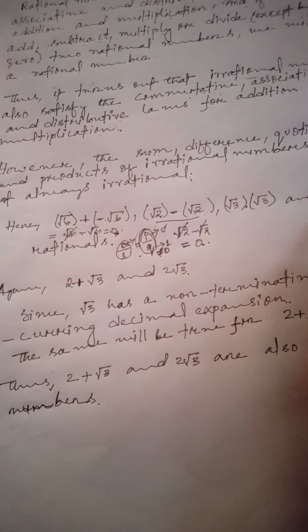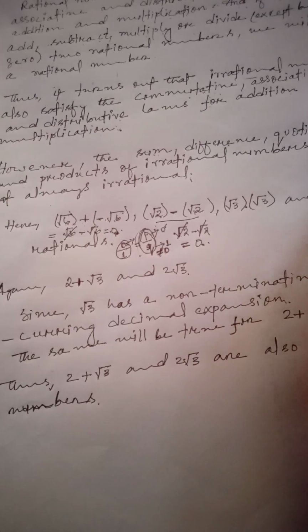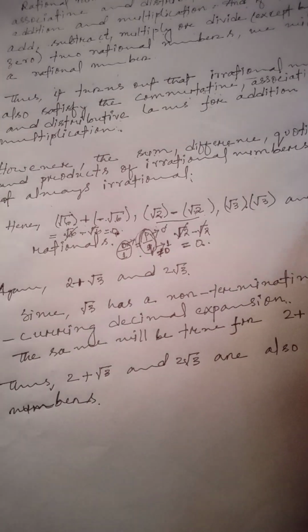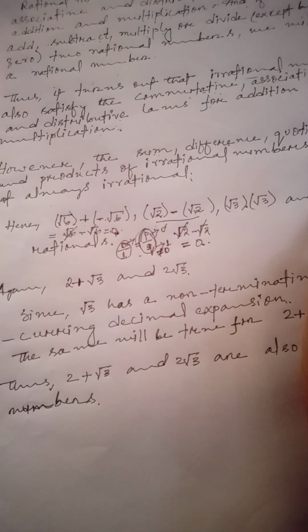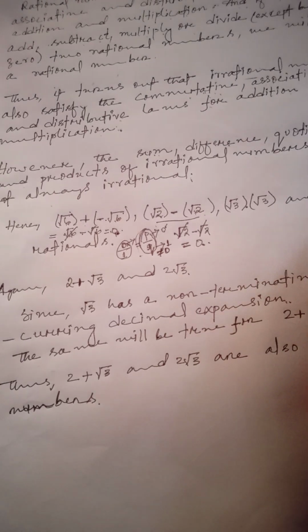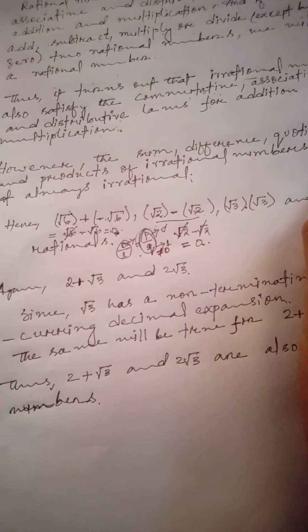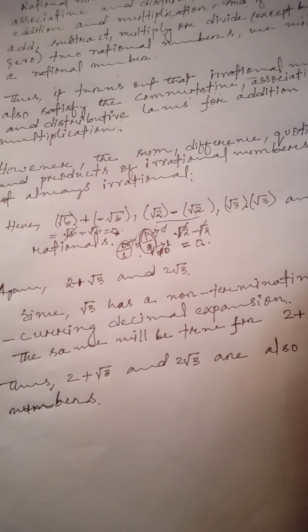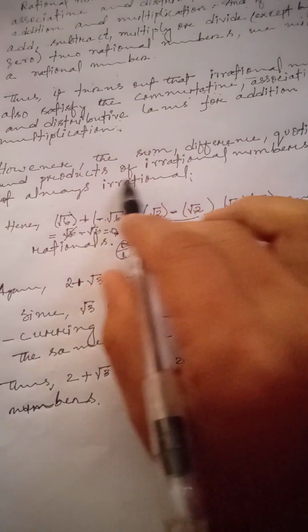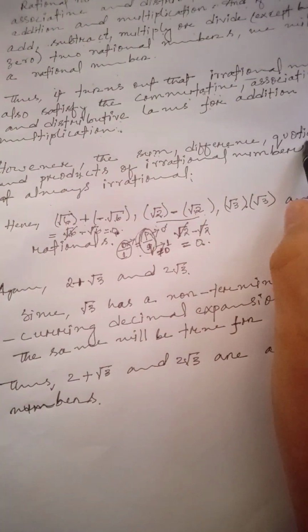Thus we can conclude that dividing one irrational number by some other irrational number, or dividing this root 17, that is an irrational number, by this one, which is also an irrational number, we get the result as 1. 1 is a rational number. So this is what the word has meant to us.